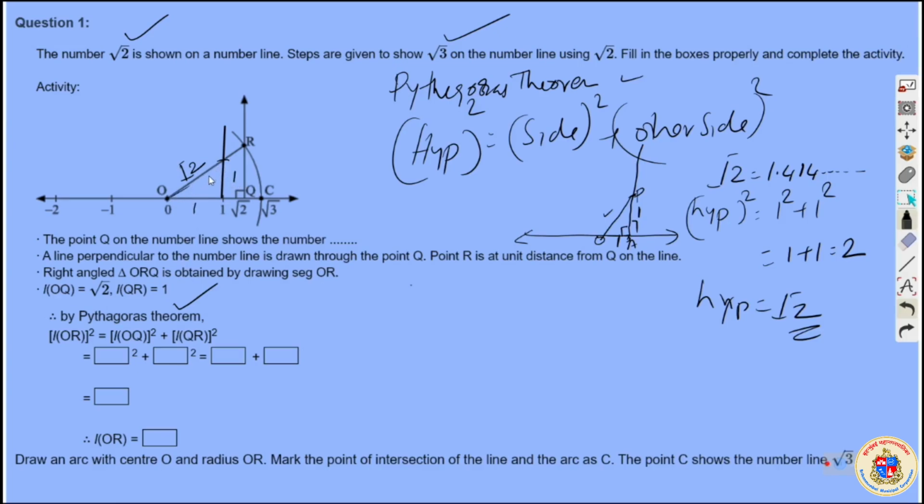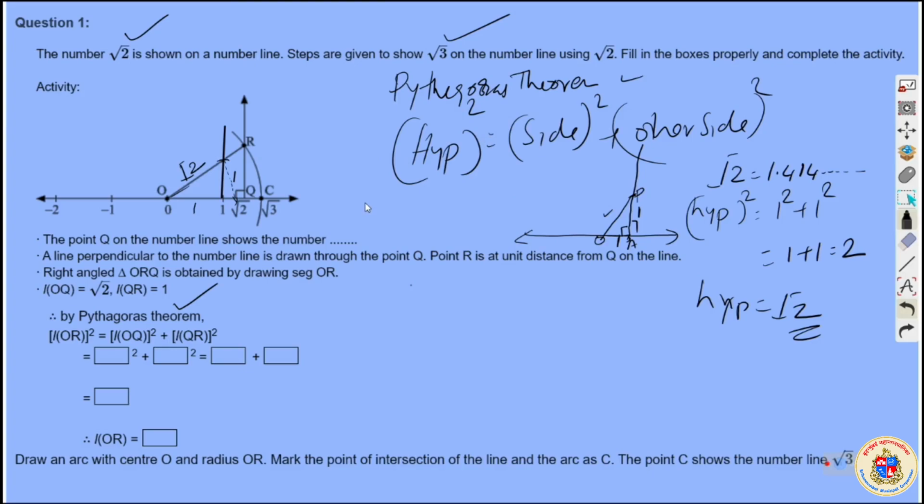This length is root 2, so we can bring it over here and mark root 2. That is what is done here. Understood?